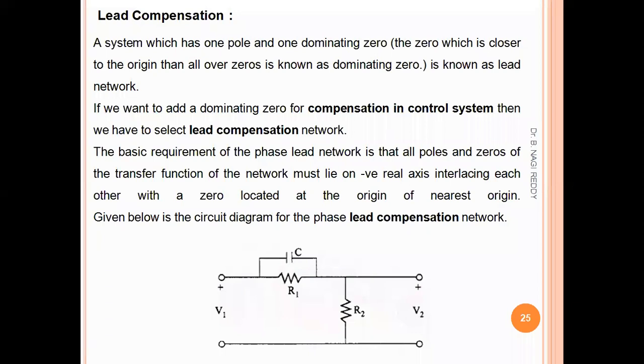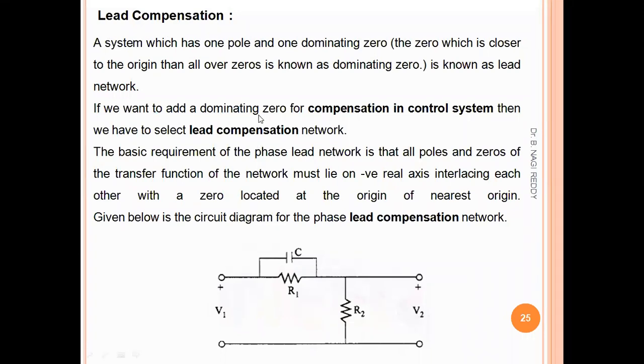In any control system, if you want to add a dominating zero, then definitely we will choose lead compensation.